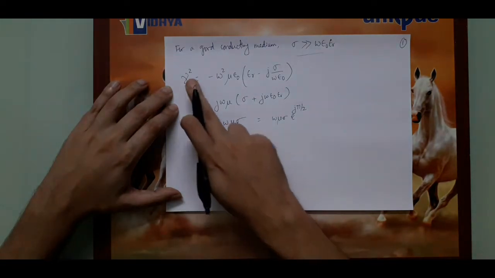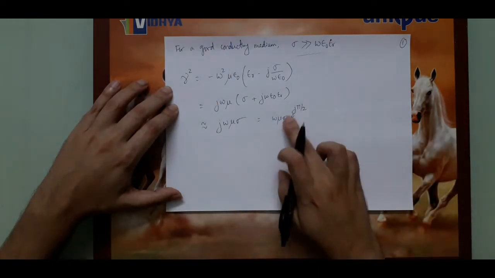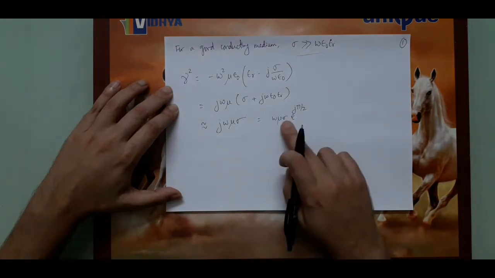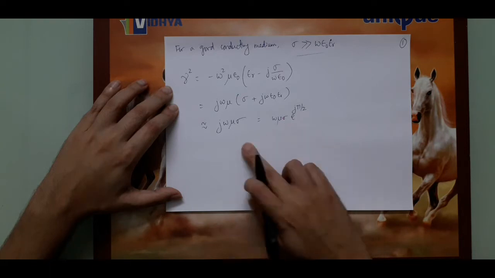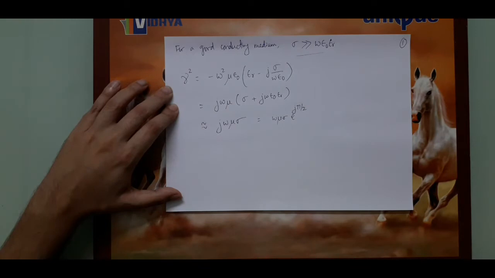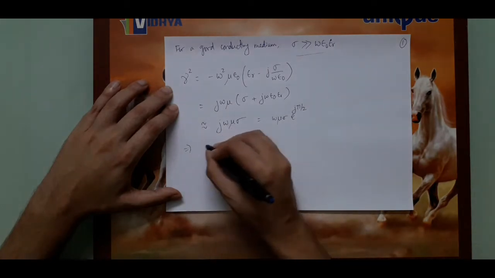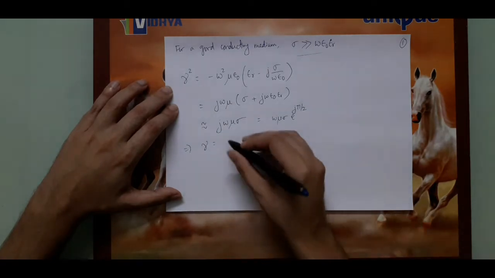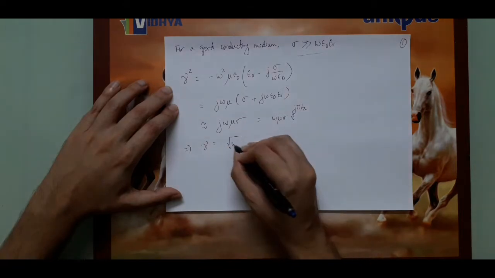So therefore gamma will be the root of this. It is nothing but the root of omega mu sigma as a quantity, that is the magnitude, and the half of this angle. So essentially gamma will look like this.